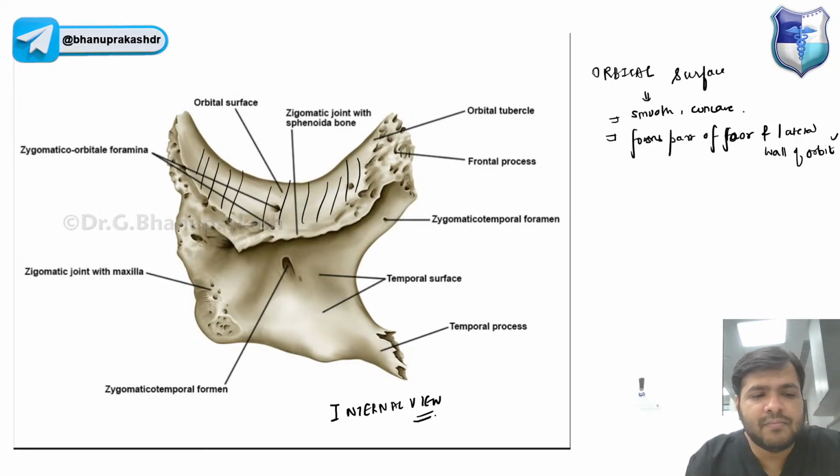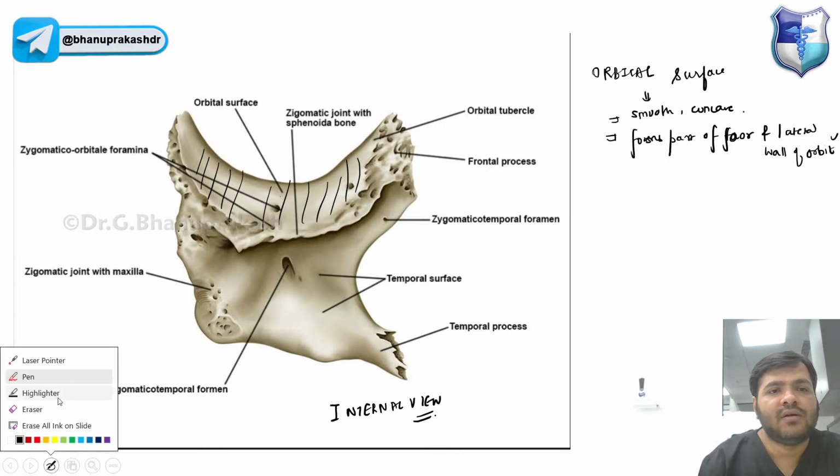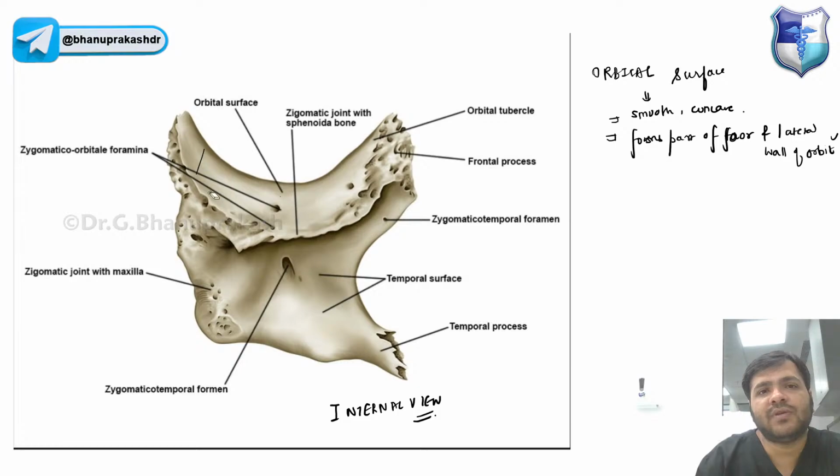Now guys, below this orbital margin, you will be watching a foramen over here. Let me try to show you. Yes, and that is called the zygomatico-orbital foramen. You can see these foramina present on the surface.